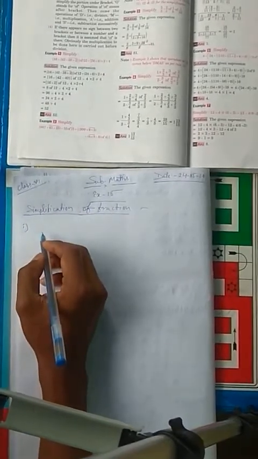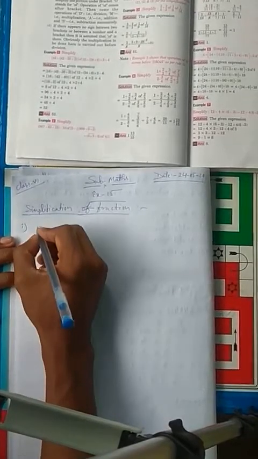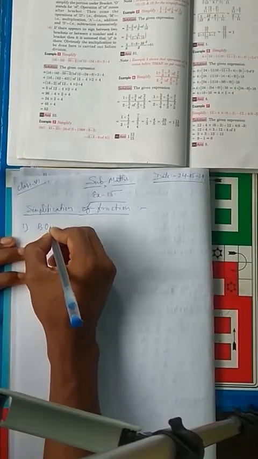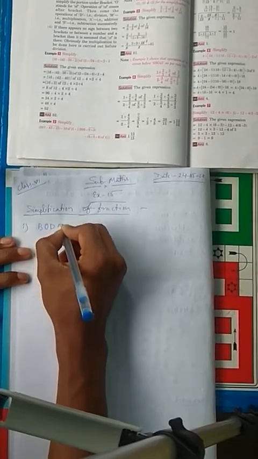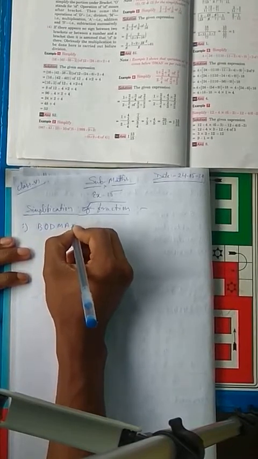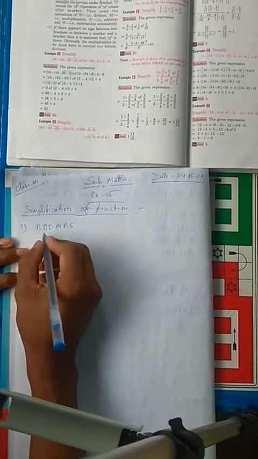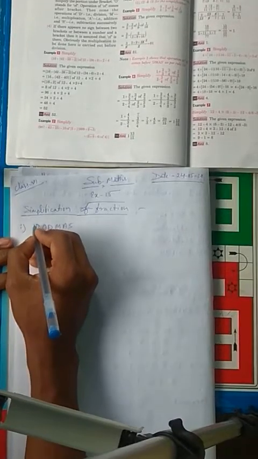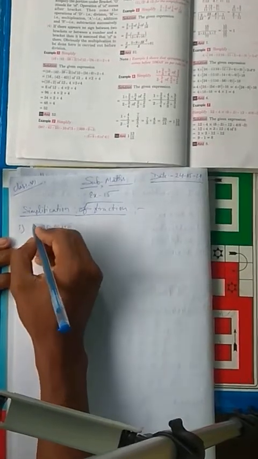Rule number 1 is we have to remember the BODMAS rule in simplification.